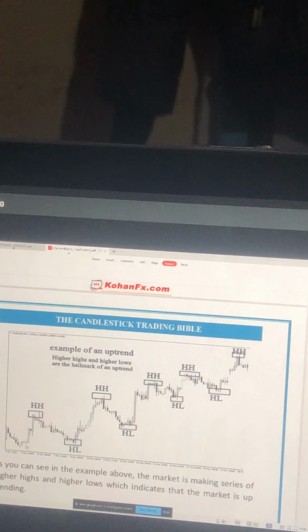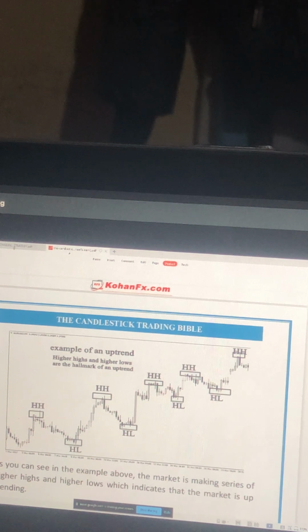So where has this market come from? Just follow my cursor. The market started here, came and created a higher high, as in this high is higher than our previous high. Our previous high is here, and if you look carefully, this high is higher than the previous one, so this becomes a higher high.